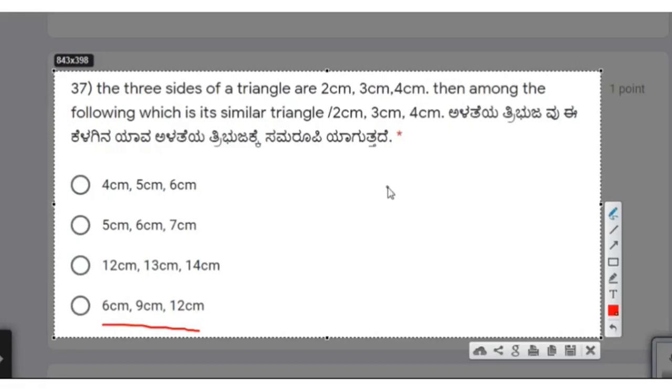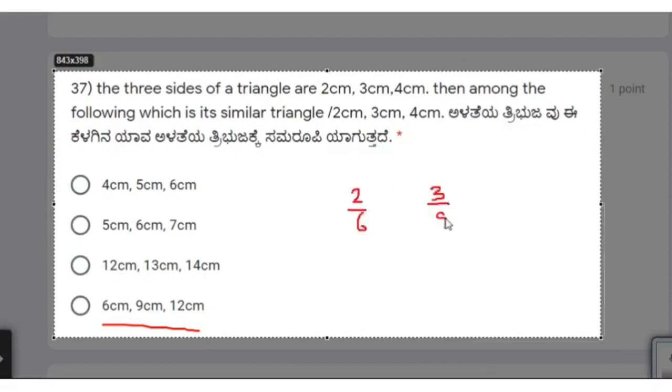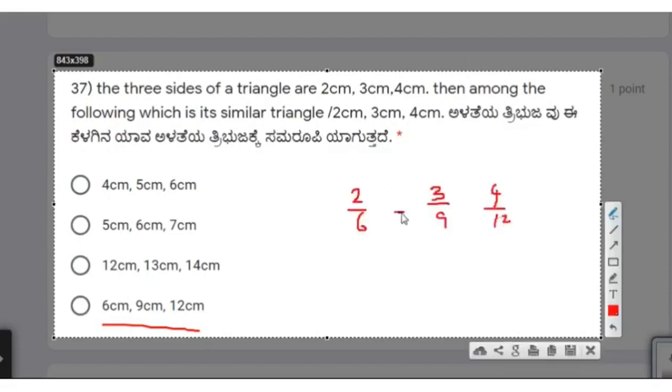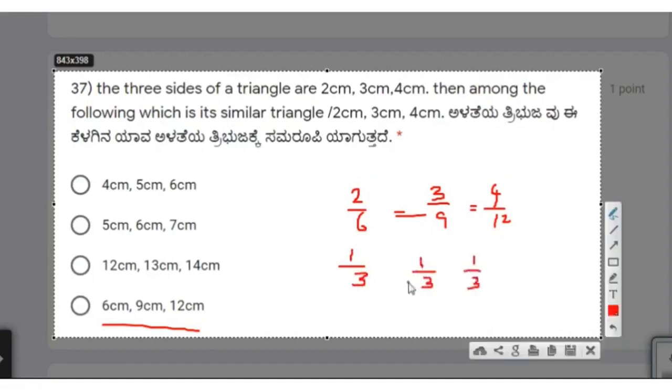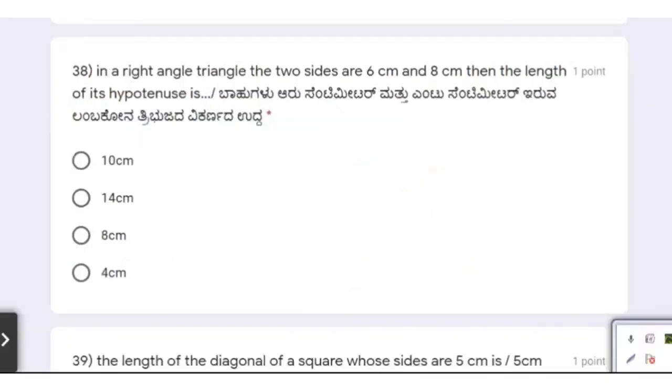One is that their angles should be equal, and the other is that their sides are proportional. So 2 by 6, 3 by 9 and 4 by 12 are all proportional. 2 by 6 is 1 by 3, 3 by 9 is also 1 by 3, 4 by 12 is 1 by 3. So option D is the correct choice.